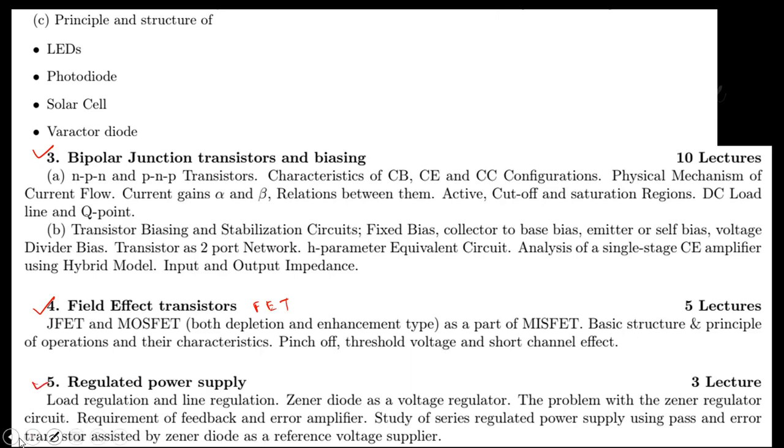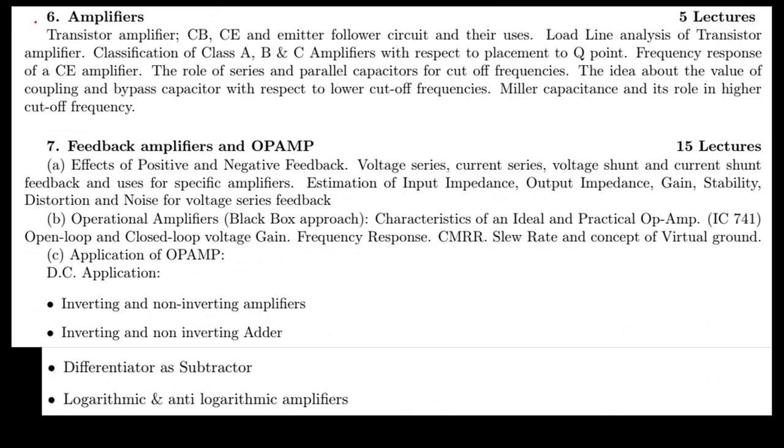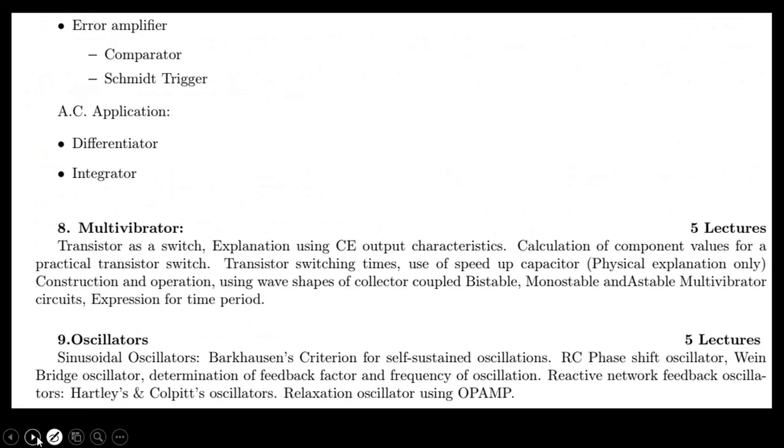Regulated power supply is also discussed, and the amplifier was also discussed in the last lectures. In this lecture we want to cover this feedback amplifier portion, and in the upcoming session we will discuss operational amplifier and their applications, etc. And in a later session we will discuss multivibrator and oscillator.